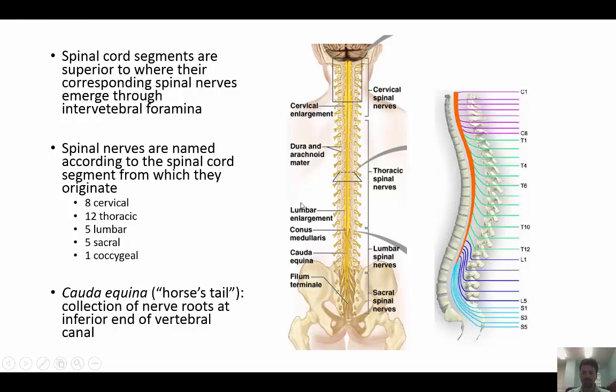So just to remind you again, you have your vertebral column, which consists of your vertebrae. And inside of the vertebral column, you have your spinal cord, which is divided into spinal segments. And from each segment arises a pair of spinal nerves, which leave the vertebral column through small holes in the vertebrae called the intervertebral foramina.